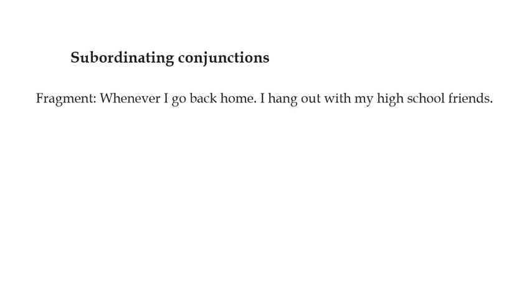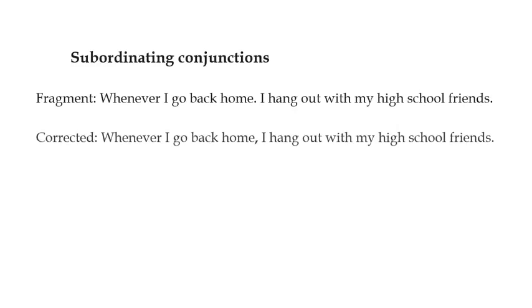So, "Whenever I go back home, I hang out with my high school friends." "Whenever I go back home" does not stand alone. We're waiting for more information. What happens when you go back home? So that is a dependent clause. Starting with the subordinating conjunction begins the sentence, it creates a dependent clause, and it needs to be combined with that independent clause to be a complete thought.